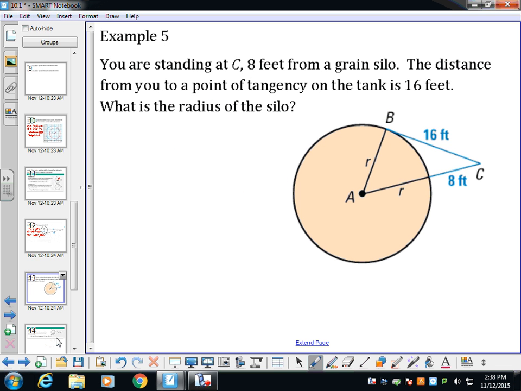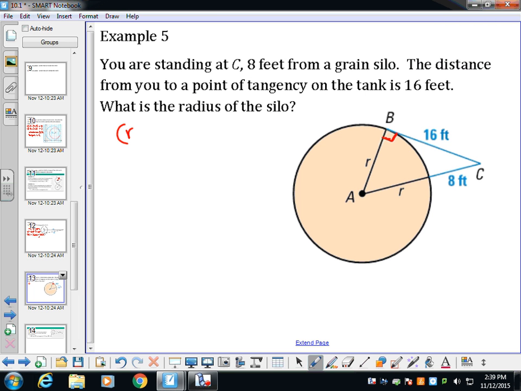You are standing at point C, 8 feet from a grain silo. The distance from you to a point of tangency on the tank is 16 feet. What is the radius of the silo? Well, because I know it is tangent, I know that this is a right angle. So then I can just use the Pythagorean theorem.